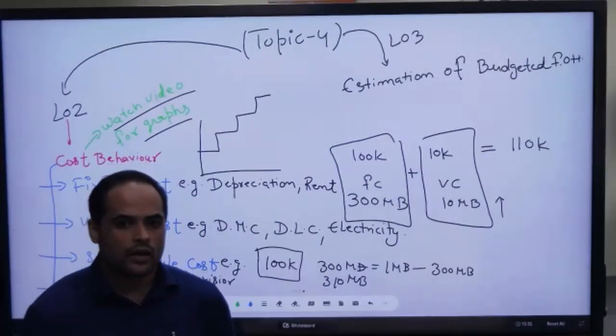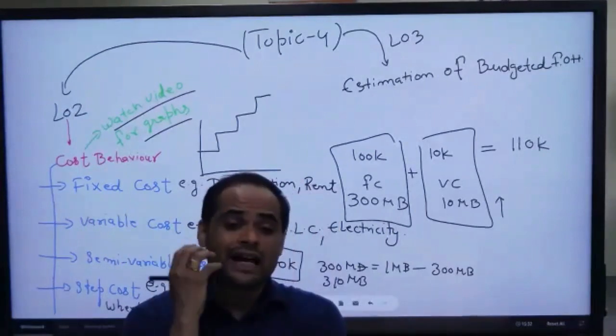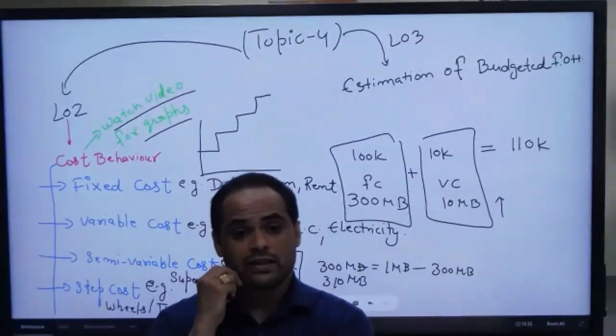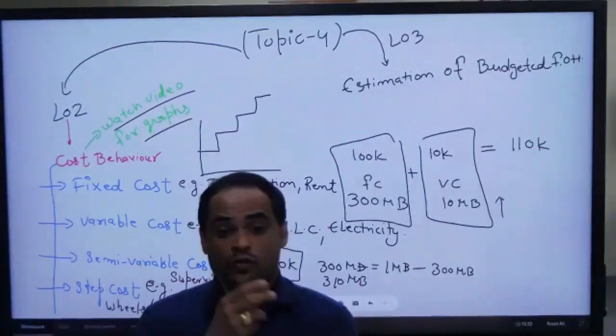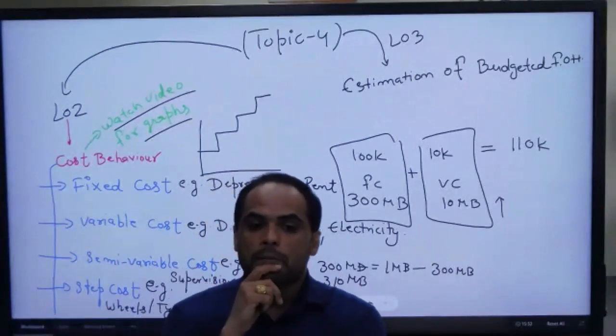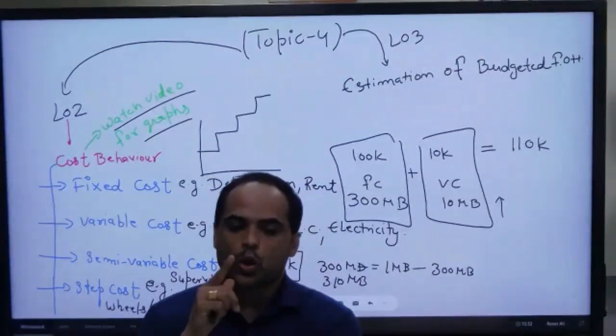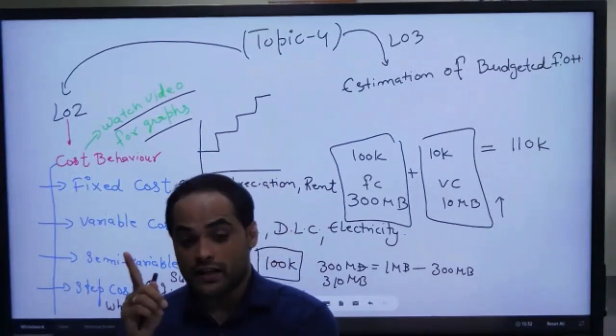Yes, okay. So budgeted factory overheads means we are estimating factory overheads for the future. I mean, in the future, how much is going to be the factory overhead, or forecasting the factory overheads. So remember, budgeted factory overheads are always estimated in terms of quantity.